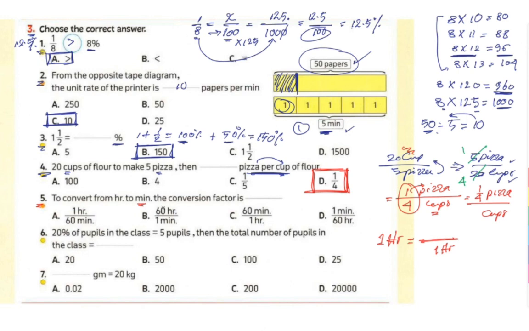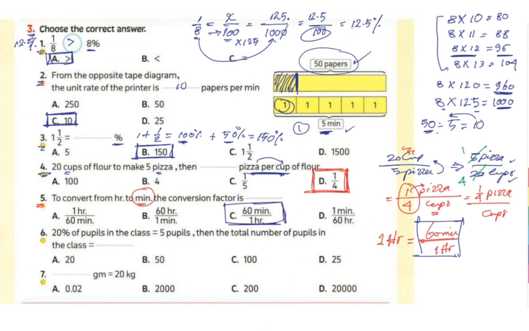You need what? Minute. How many minutes equals 1 hour? 60 minutes. That's it. Okay, I make hour as the second term. And hour equals how many minutes? 60 minutes. That, I can call it the conversion factor. 60 minutes per 1 hour.